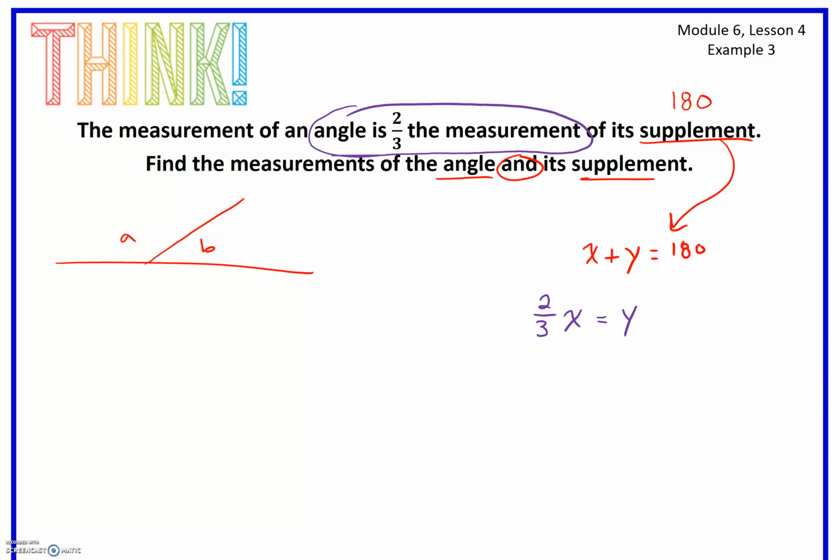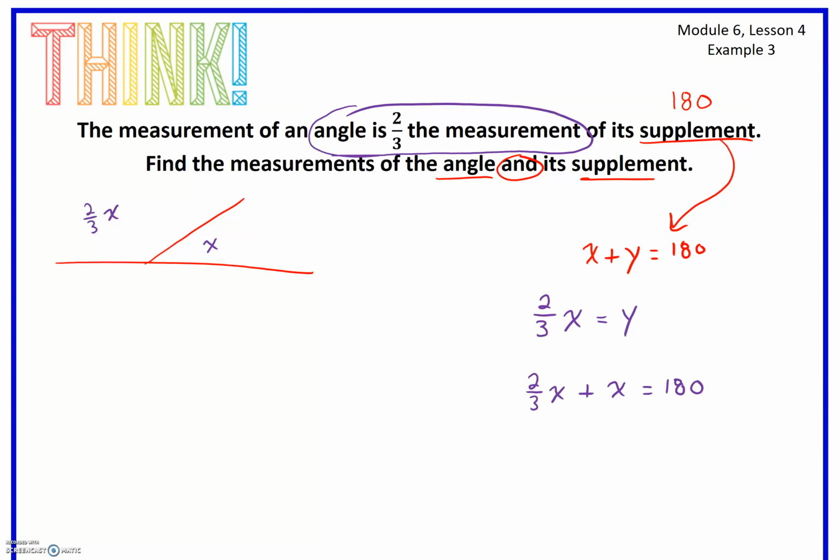So we have the angle 2/3 x, which is one of the angles, and we know that the other angle is just x. And the two of them together are going to add up to 180 degrees.